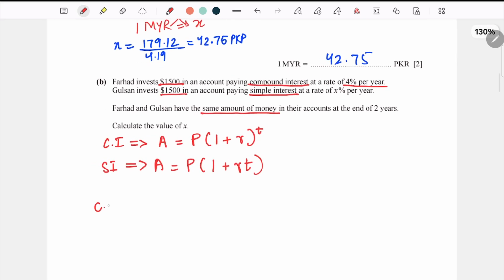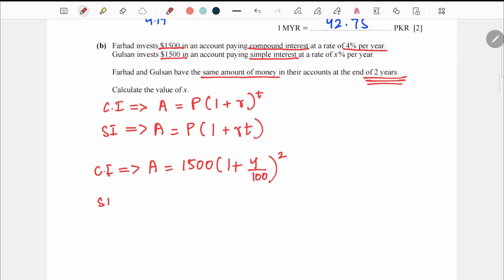So if I calculate the compound interest first, amount of money is equal to P, that is 1500, 1 plus r was 4%, 4 divided by 100, to the power t. T is basically given as 2 years.